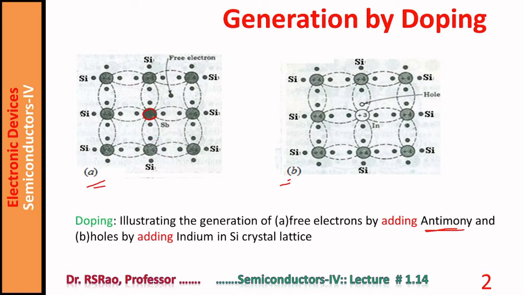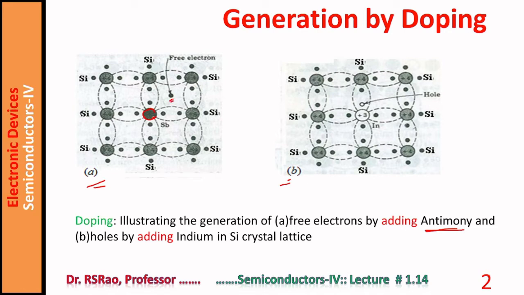Notice this atom is surrounded by silicon atoms. Out of 5 outer orbital electrons, 4 go to occupy the vacancies left in the covalent bonds by the displaced silicon atom. 1 remains outside the covalent bonds. That electron is shown here.